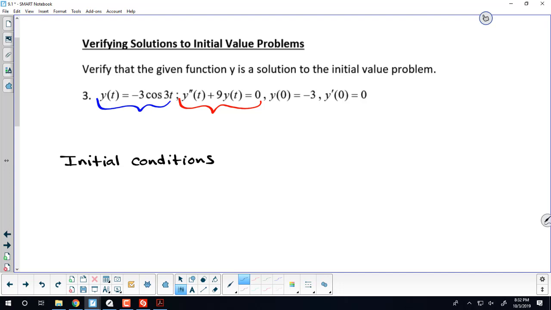So verify initial conditions. y of 0 should equal negative 3. So y of 0 is negative 3 cosine of 3 times 0.